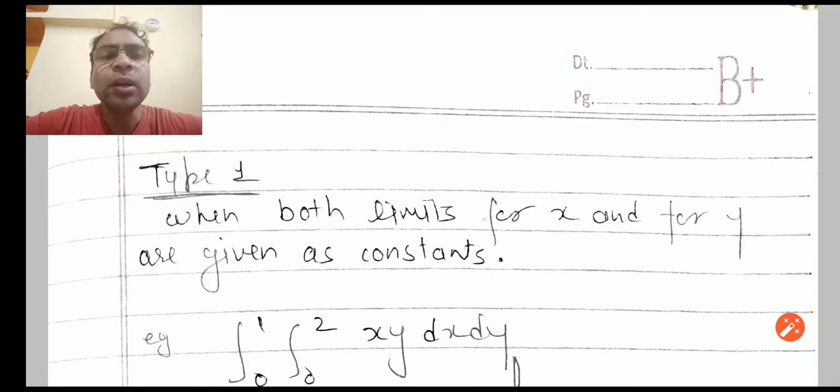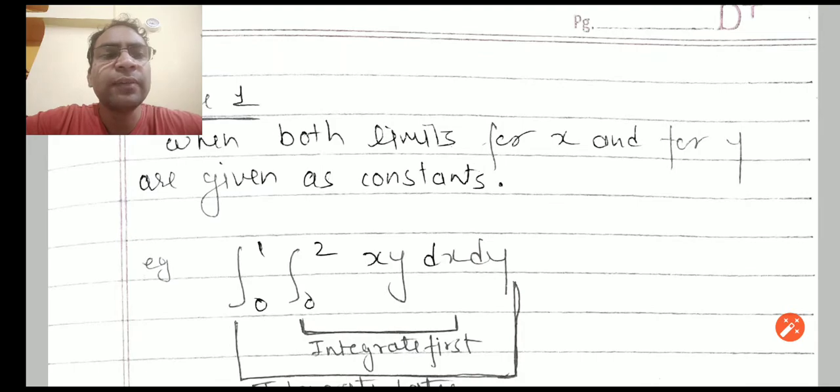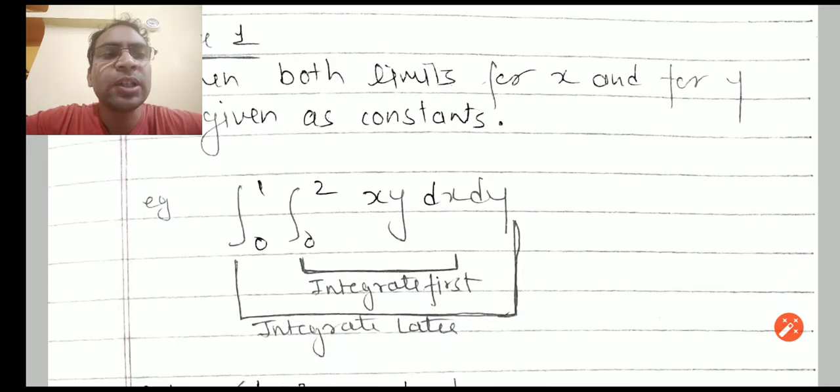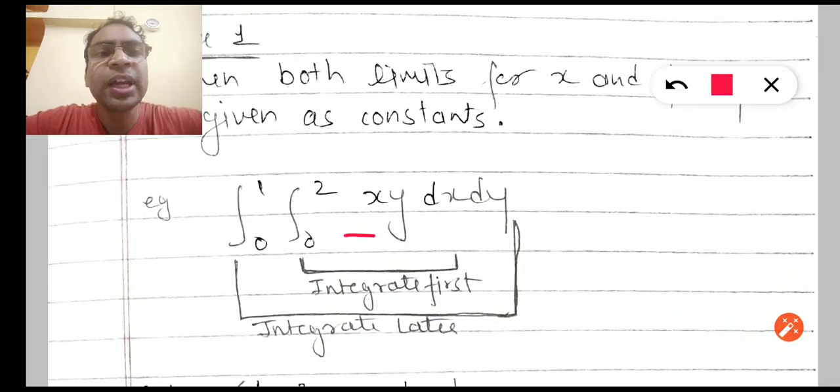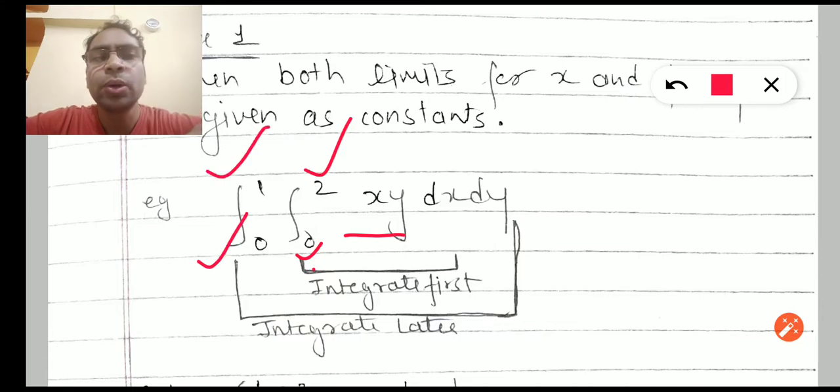Type 1 is when the limits for both variables x and y are given as constants. You can see the example where the function is xy, and the limits with respect to x are 0 to 2, which are constant limits, and the limits with respect to y are 0 to 1, which are also constant limits.